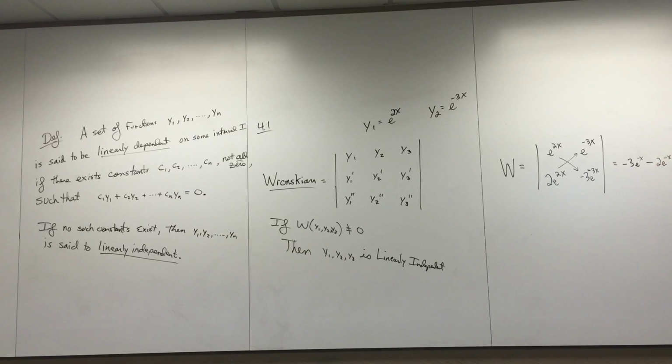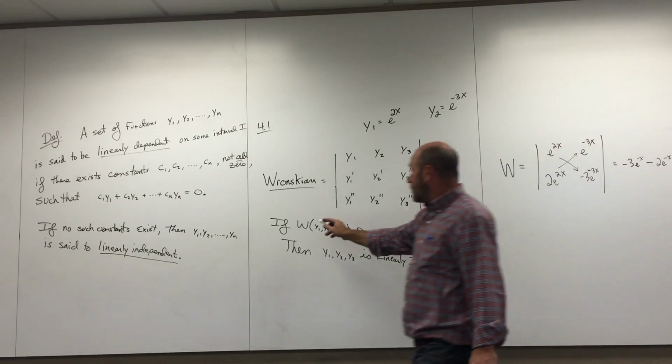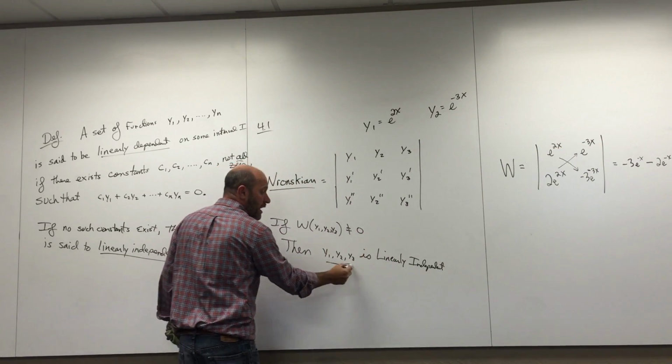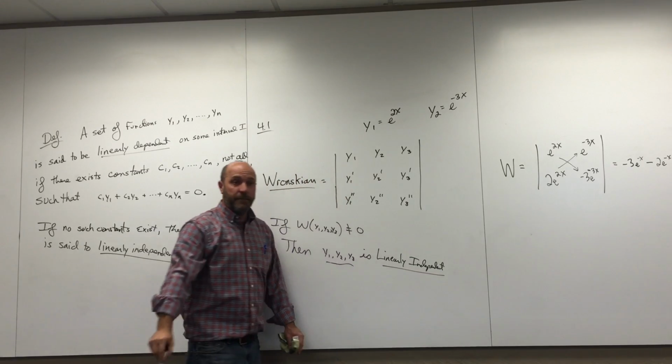When you add that up, it's negative 5 e to the negative x. And guess what? Exponential functions are never 0. This is never 0. And therefore, if the Wronskian is not 0, those functions are independent.